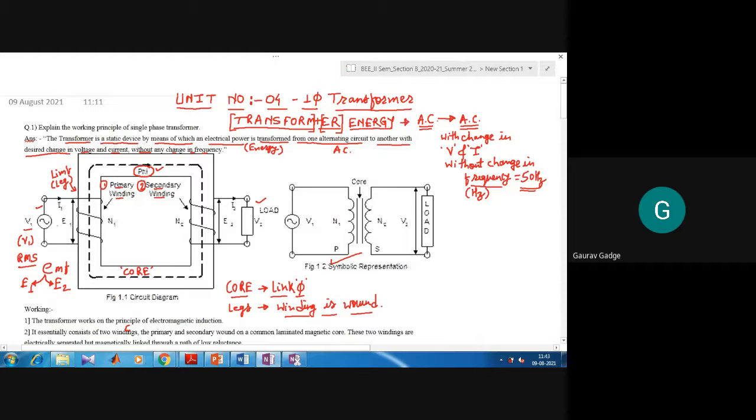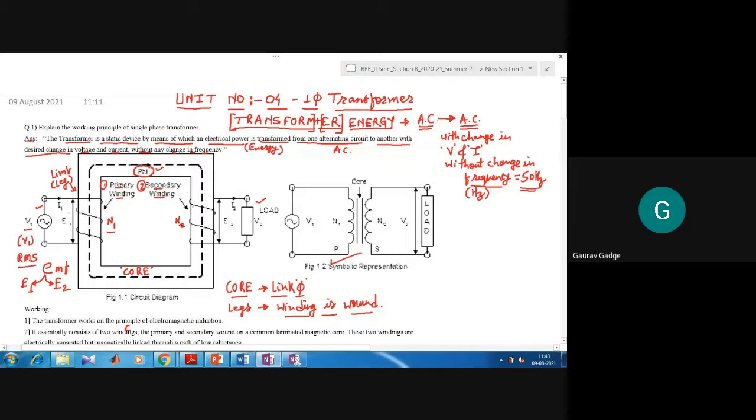Now V1 is the supply voltage, I1 is the supply current, that is referred to primary. E1 is the induced EMF due to the flux developed by the same winding, and N1 be the number of turns of primary winding, and N2 be the number of turns of the secondary winding.